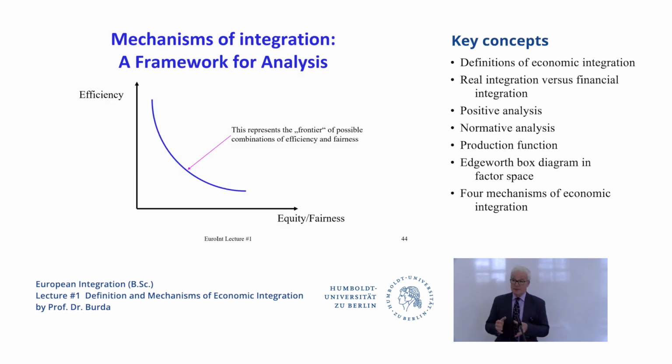And again, there is a trade-off involved. Sometimes in a market economy, if you have more efficiency, you may lose a little bit of fairness. So you may have to devise public policies as a way of moving resources. Still, we want to be on that frontier. We don't want to be inside the frontier. Okay, so for a given amount of fairness, I want to be as efficient as possible.